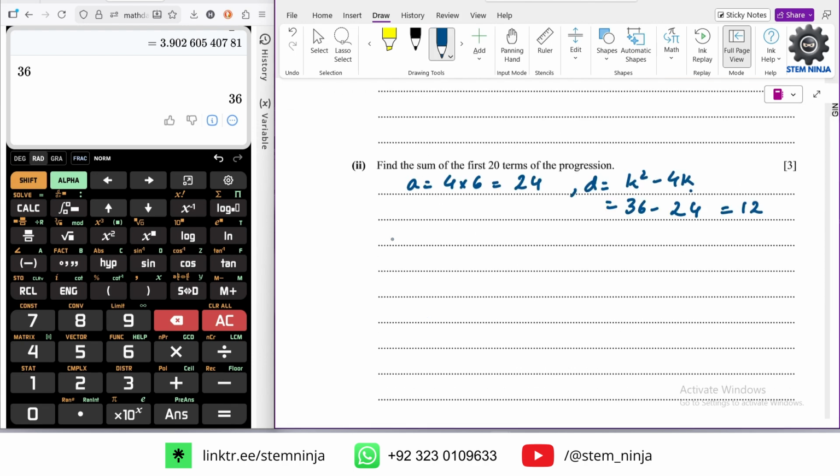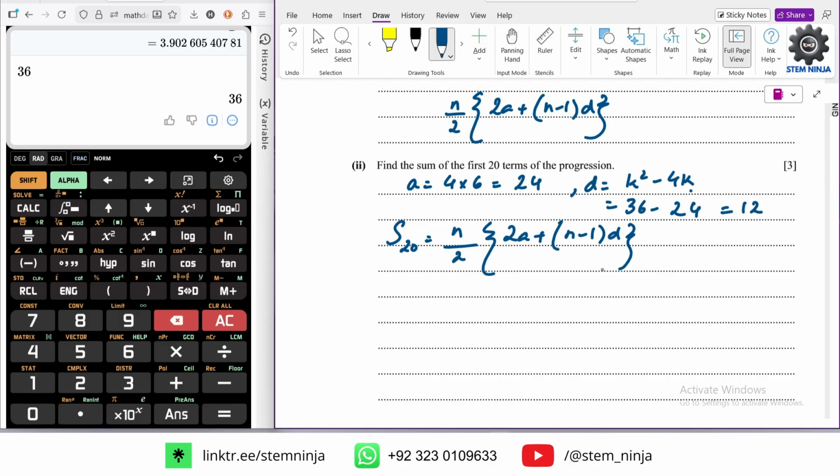Right. Okay. So S20 is 20 over 2. Basically, it's n over 2 times 2a plus n minus 1 times d.